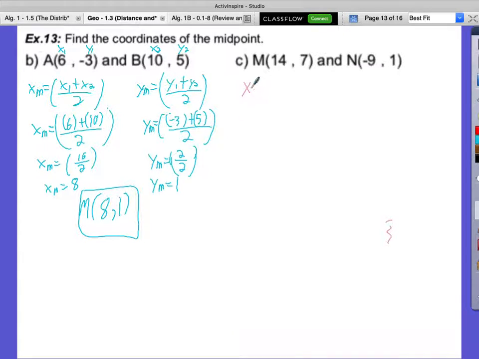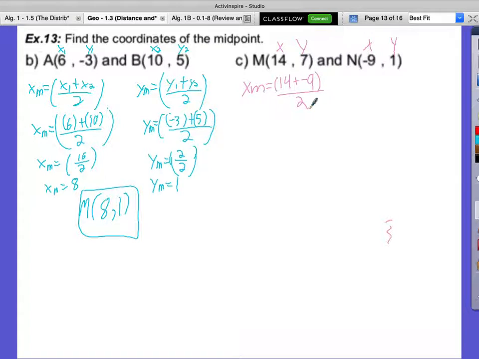First you do X, M. Actually, no. First you label your points, at least I do. And then that equals 14 plus -9, and then over 2.